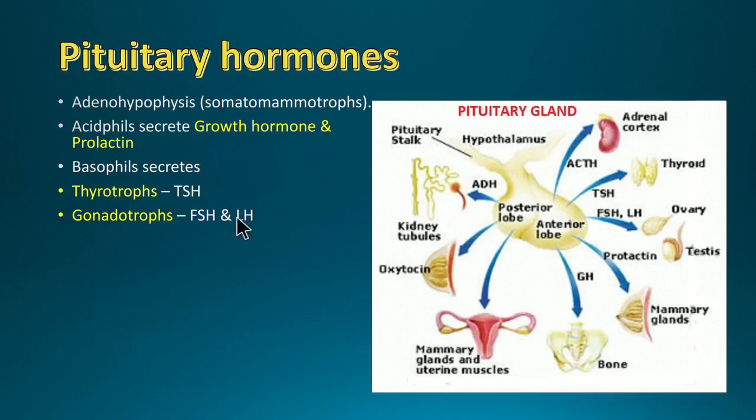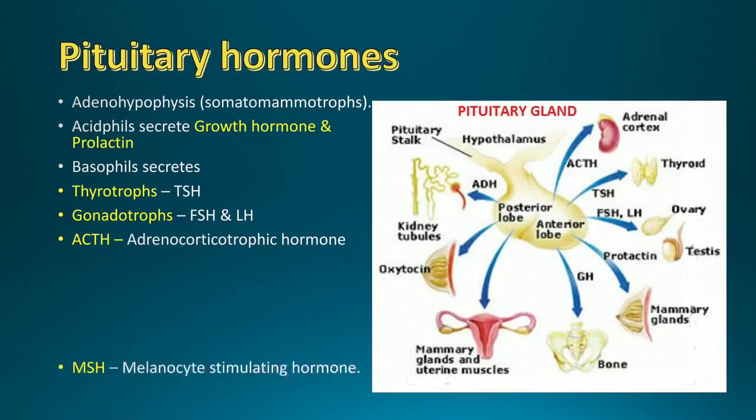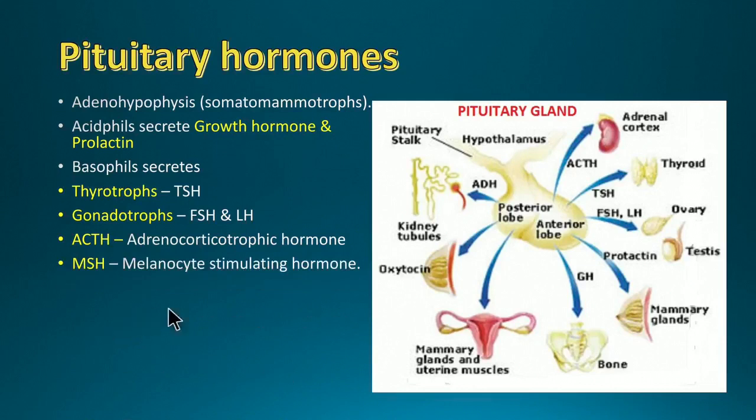Of course, follicle stimulating hormone is also needed by the testis for spermatogenesis in males. Then adrenocorticotrophic hormone mainly acts on the adrenal gland, the zona fasciculata and zona reticularis, to produce its hormones. And then melanocyte stimulating hormone, mainly for the production of melanin, the skin pigment.